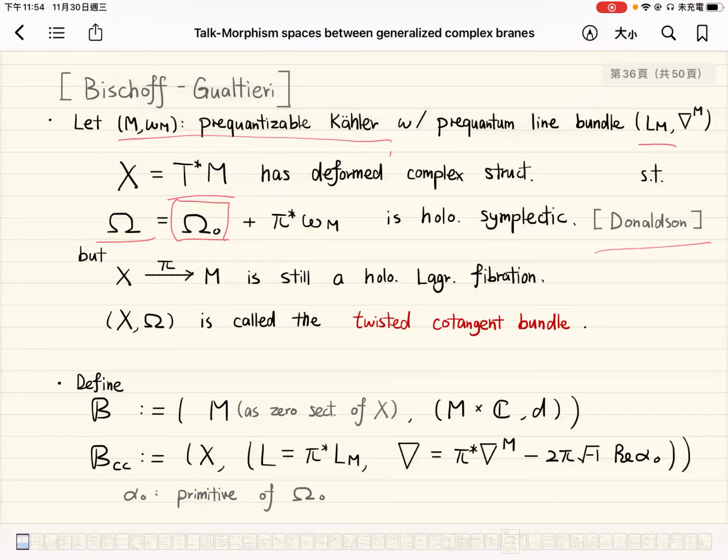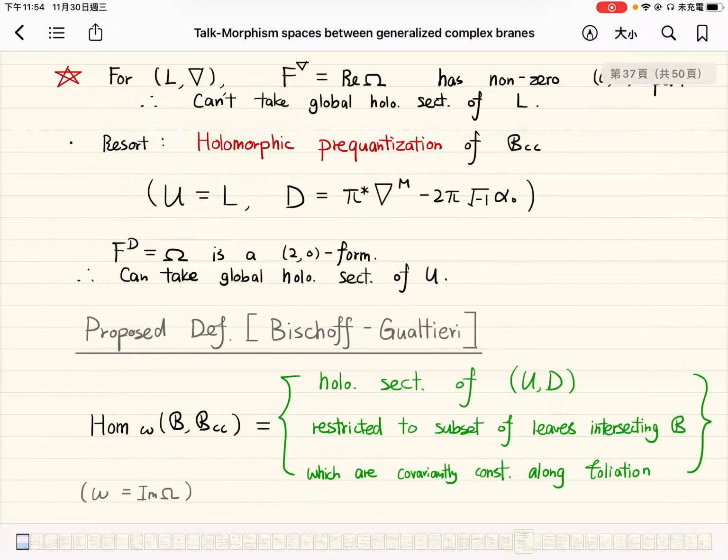In the work, they try to make use of a certain notion called the holomorphic pre-quantization of the space ring B_CC. The observation is that in this setting they try to mimic the geometric quantization procedure, by replacing the space of smooth sections of the pre-quantum line bundle with the space of holomorphic sections of a certain pre-quantum line bundle.